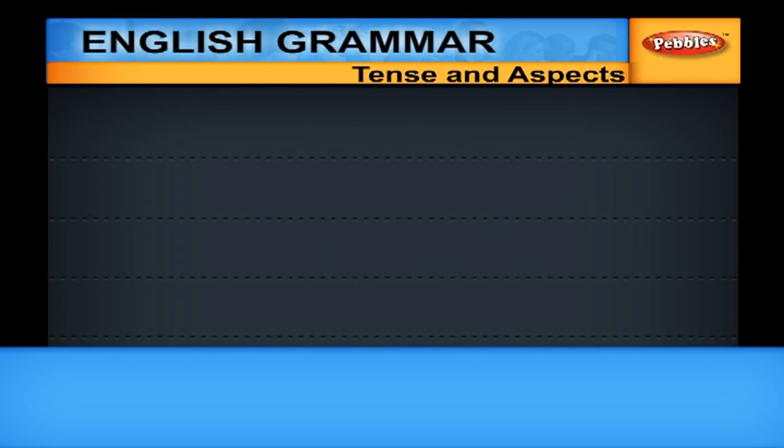Look at the sentence. I am singing. Here you have two verbs, am and singing. Singing is considered as the main verb or lexical verb, and am is a helping verb or auxiliary verb.